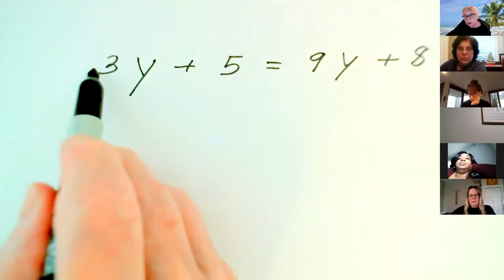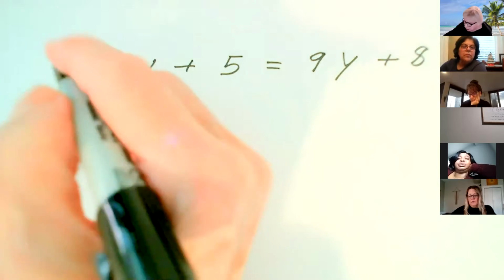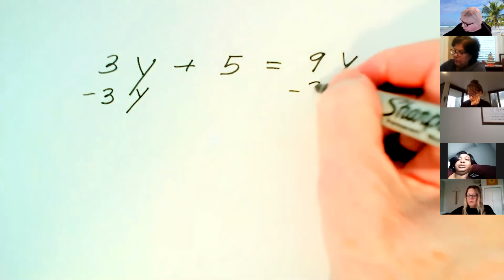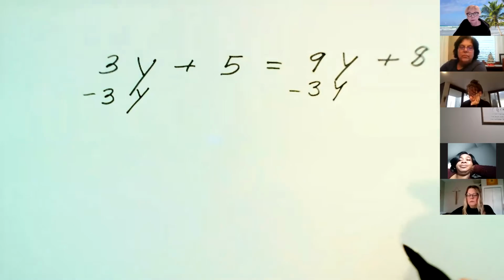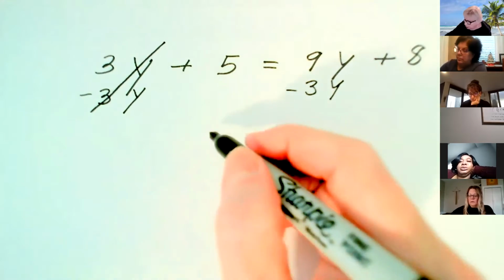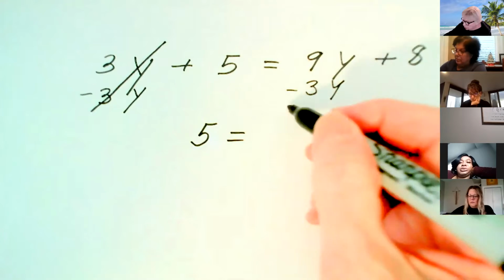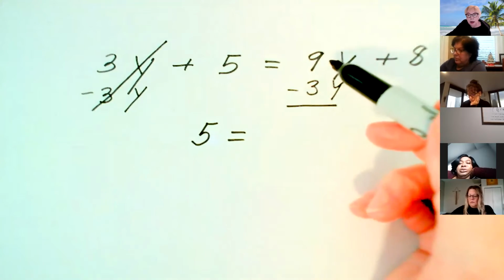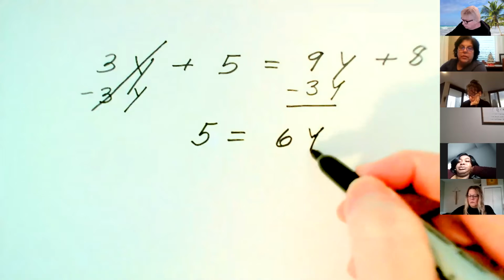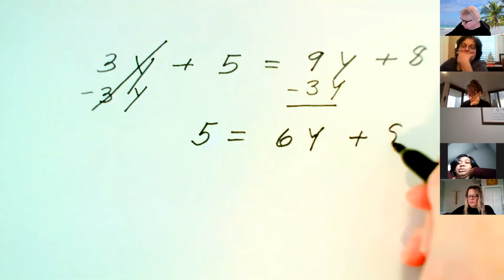And because there's no sign here, I take it as positive. So I would subtract 3y on both sides. And that takes care of that. I'm left with 5 equals, this would be 9y, take away 3y, that would be 6y. And then it's plus 8.